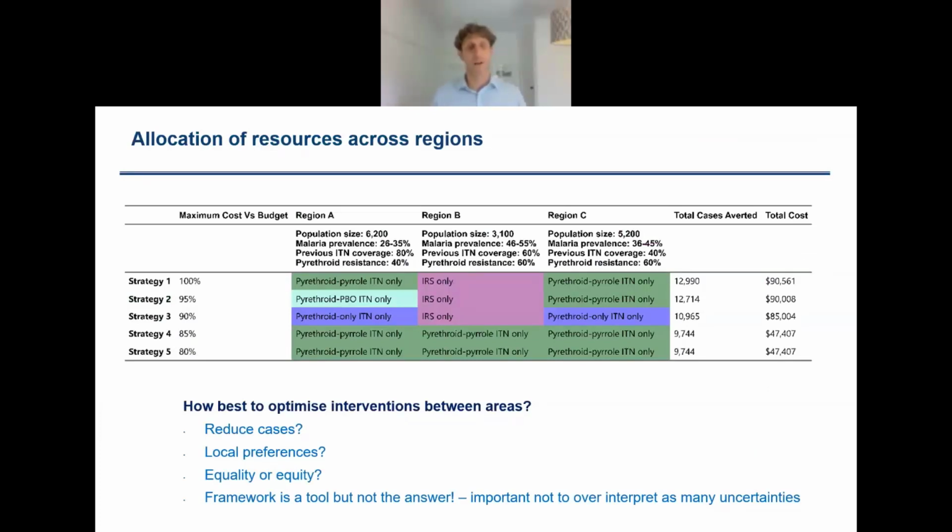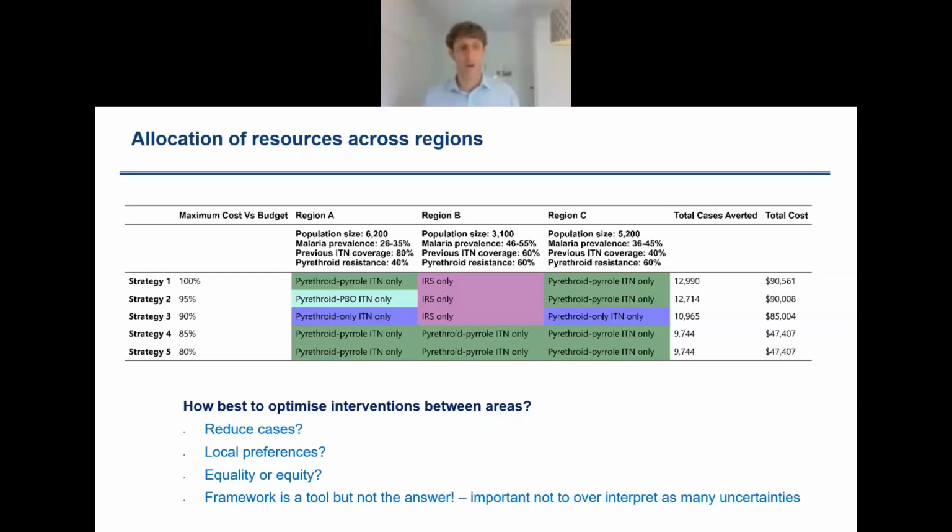The tool also allows us to put in inputs from multiple different regions, and then we can use the algorithm to work out the most optimal allocation of resources across those regions to avert the most cases.